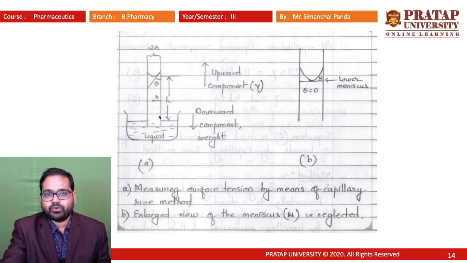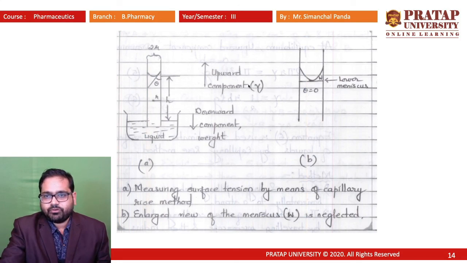Whenever the capillary tube was used, due to the adhesive force between the water molecules and the glass capillary, the liquid started to move against gravity. When the upward force is balanced with the downward force, it remains stagnant. Due to the adhesive force, it maintains a certain angle theta, and this is known as the meniscus. The height covered is h, and the radius of the capillary is r, so the diameter is 2r.